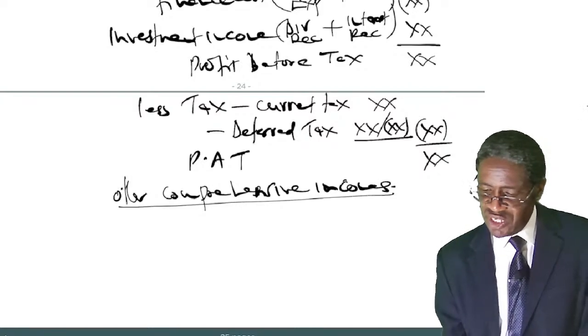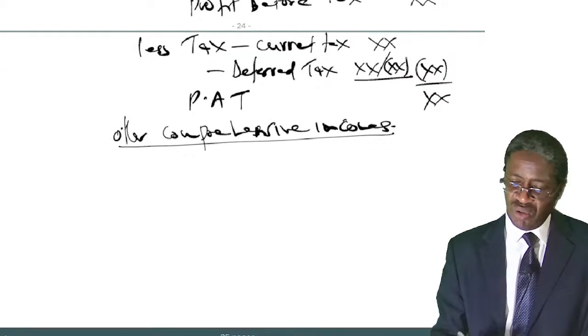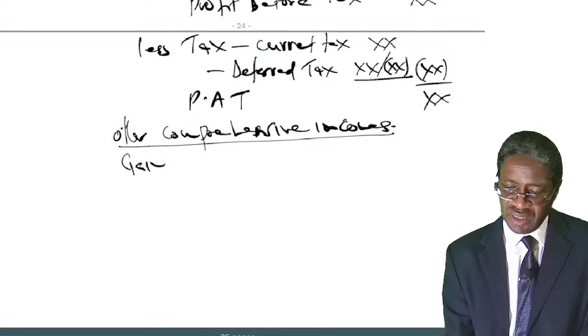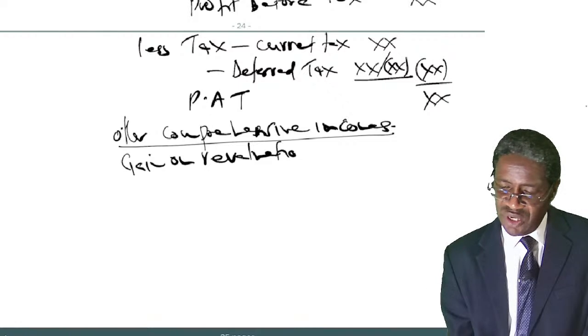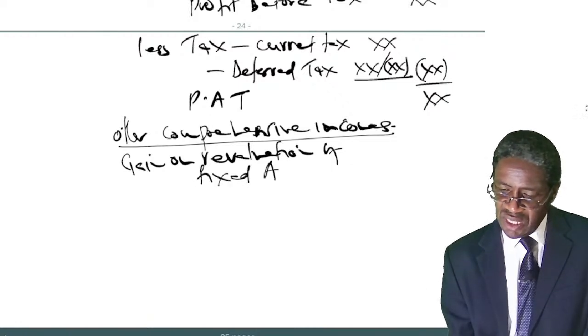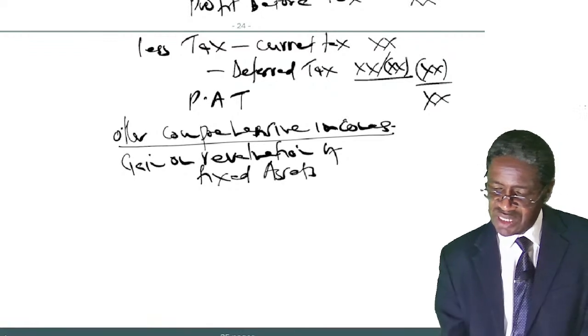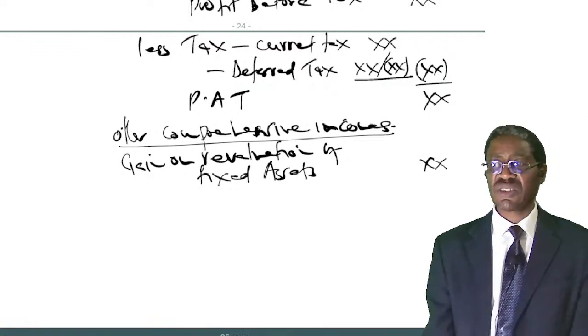We have already given two examples. One of them is what we have called gain on revaluation of fixed assets, whatever it is.